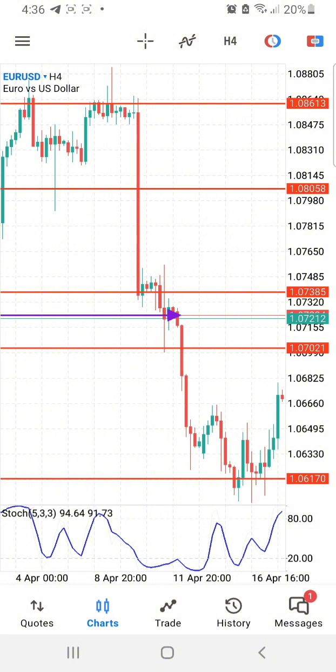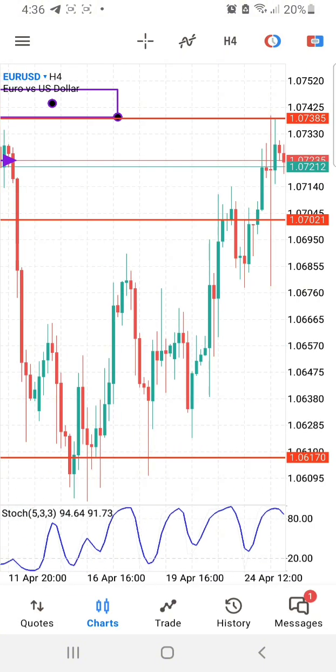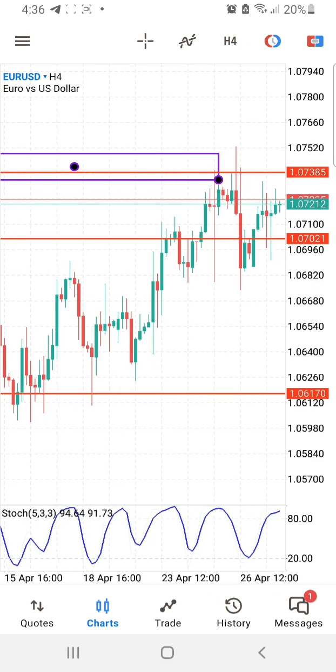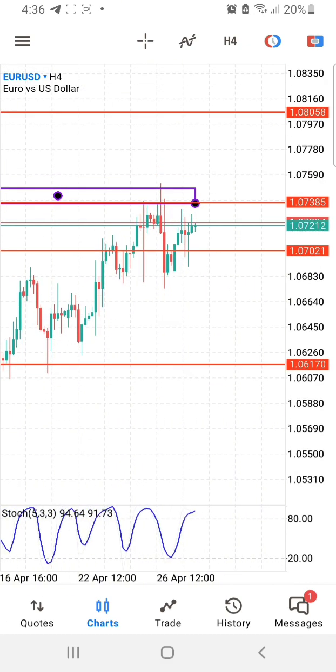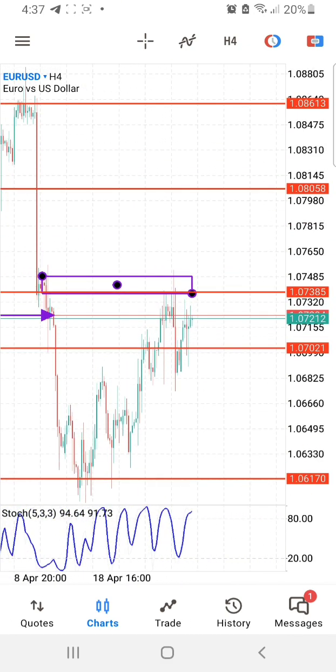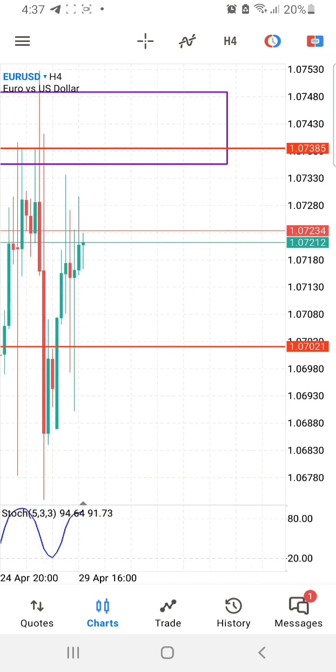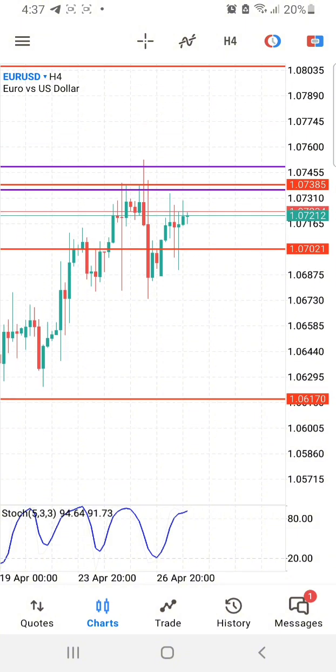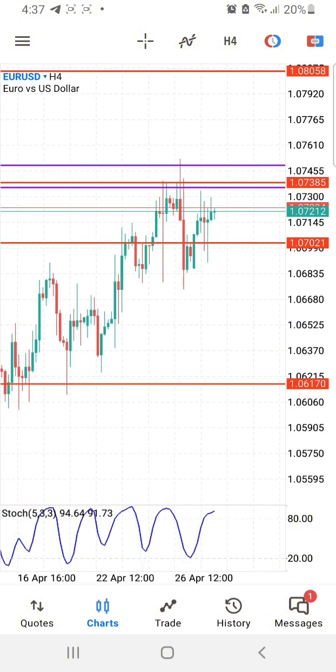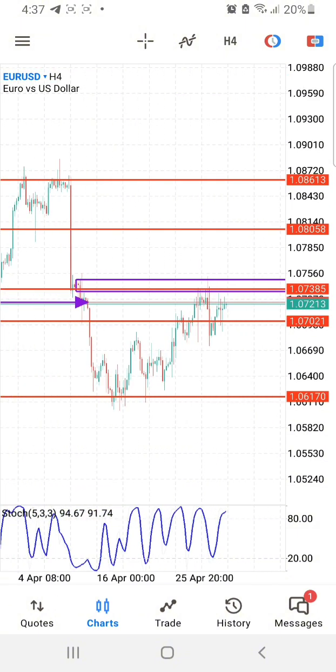This is a big choice right here. This is the move that caused the break in structure, right? And what is actually happening here? That's a big question. At this resistance area, the market is actually reacting, right?